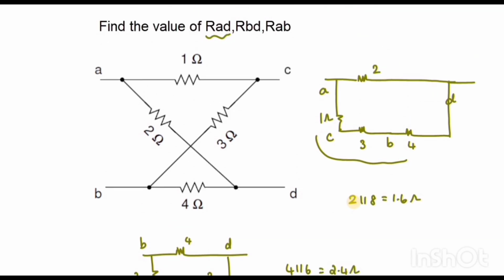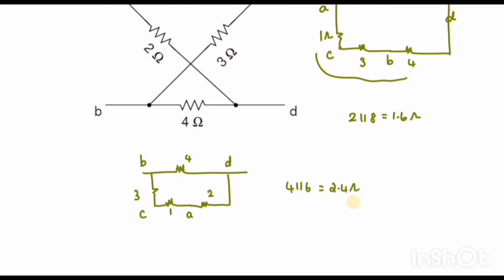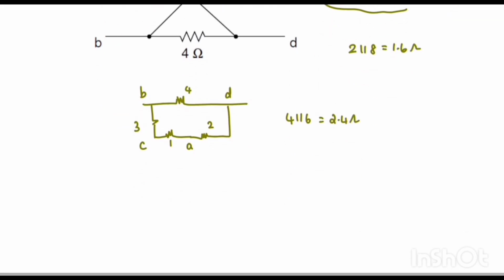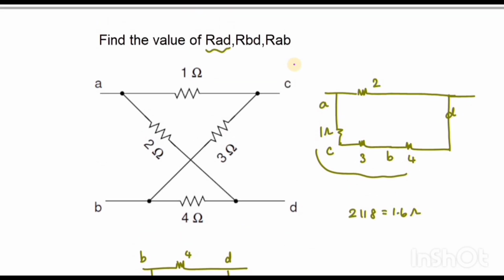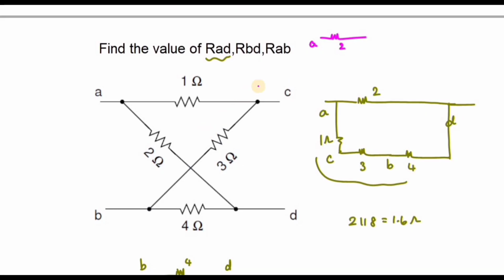Next, R_AB. So for R_AB, I'm going from A, that is 2 ohm. In order to find the value of the resistance from A to B, you can see from 2 it goes to 4.